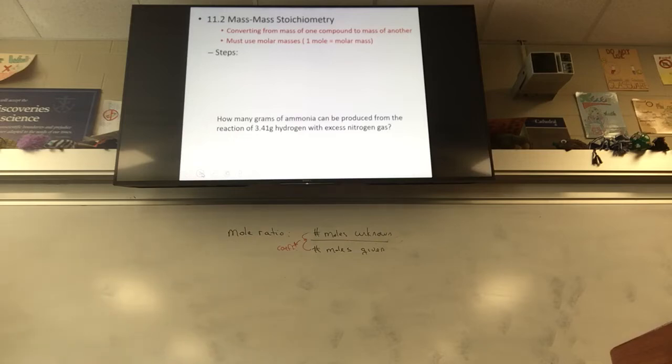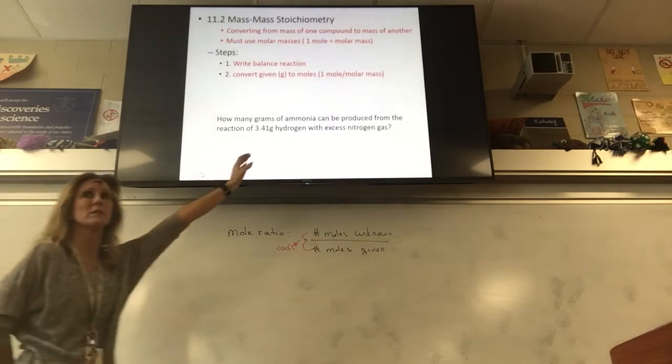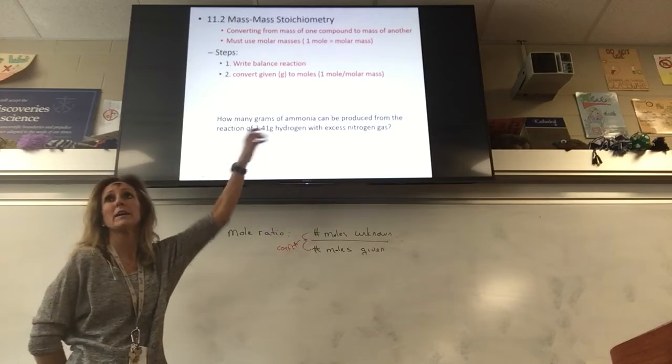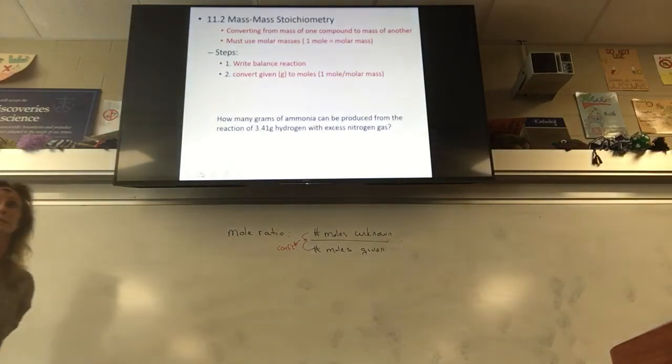Again, the steps, first step, always to write a balanced reaction. That's going to be the same no matter what type of stoichiometry problem we're doing. But because with these problems we're not starting with moles, we're starting with mass of our given, we first have to convert our given from grams to moles, which as we did back in chapter 10, means we divide by the molar mass of whatever substance we're starting with.